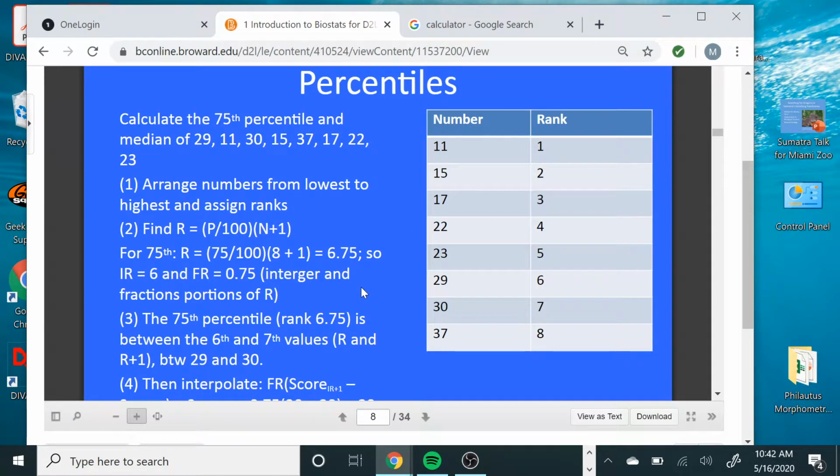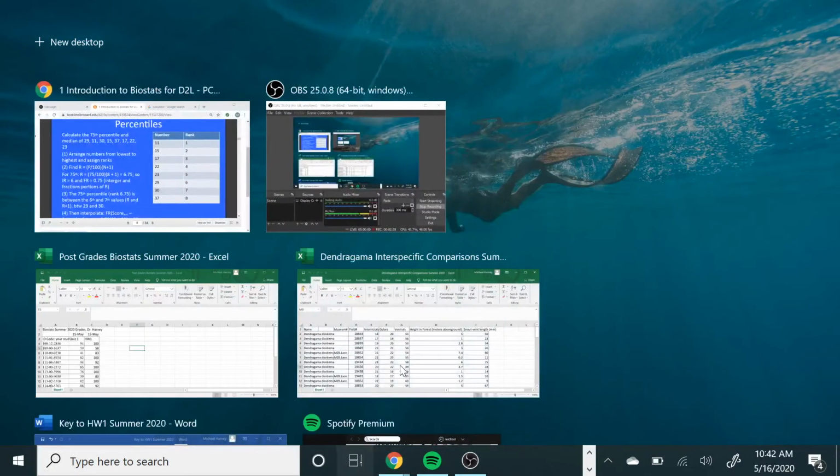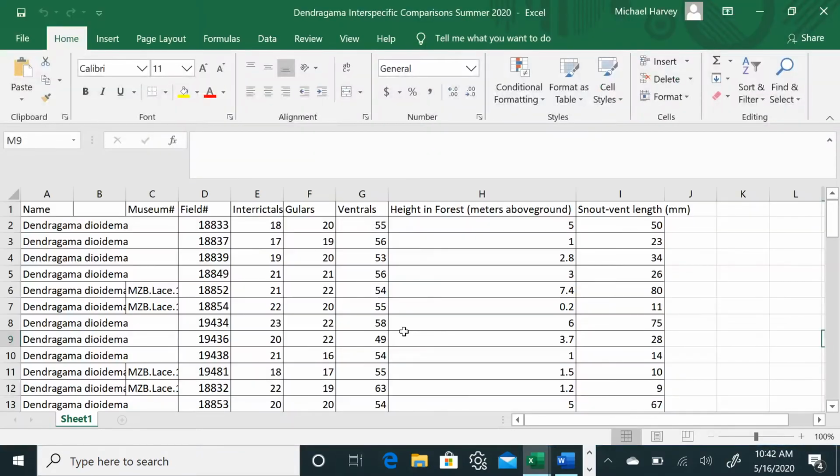Most people got one of the questions where I just gave you a list of data points and said, find the 45th percentile. Where people got hung up was in the dendrogamma question. I asked you to find the 80th percentile of ventrals in dendrogamma.